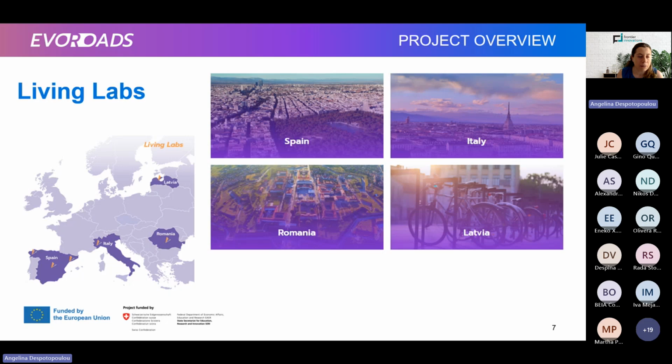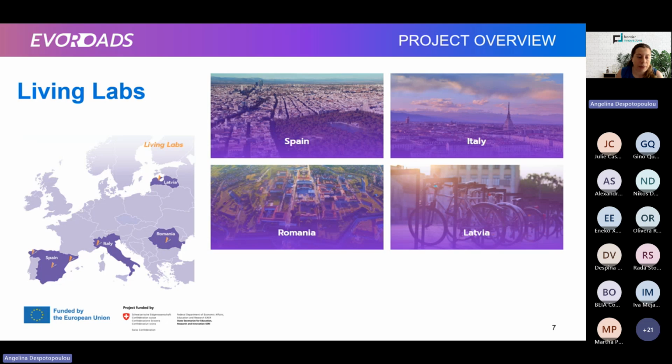As you can see in the map, we have Madrid, which is the capital of Spain. We have as a pilot site Tarragona, in an area called Santa Oliva. And we have a road, not exactly a city, a big road in Galicia, which is the autonomous community in Spain that is right above Portugal.